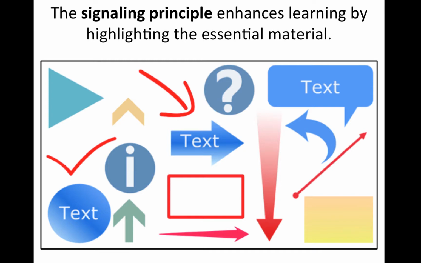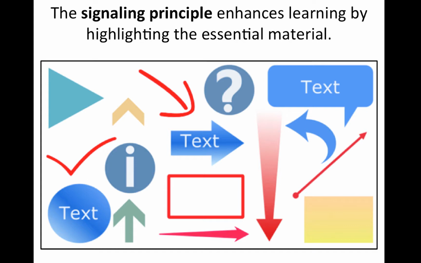The signaling principle enhances learning by highlighting the essential material. This principle is also sometimes referred to as the cueing principle, and that is because the idea behind it is that either cues or signals are added to the material to help highlight and organize the essential information. This helps the learner process that information and thus reduces their cognitive load. It also helps them focus on the essential while ignoring the non-essential information.